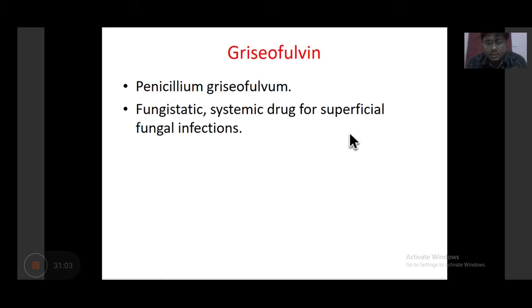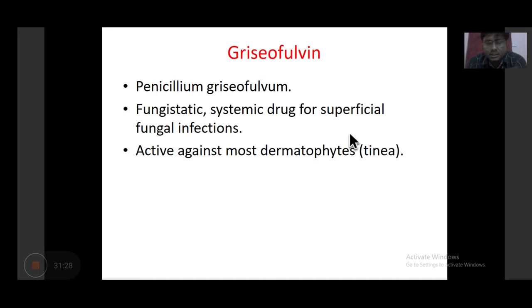Then we call it a systemic drug for superficial fungal infection. Systemic drugs for systemic fungal infection are also there. So if you are giving the drug by systemic route, either parenterally or orally, it can be used for both superficial and systemic fungal infection. But if you are using the drug by superficial route only, that is topical route, it cannot be useful in systemic infection. It is then for local infection only.